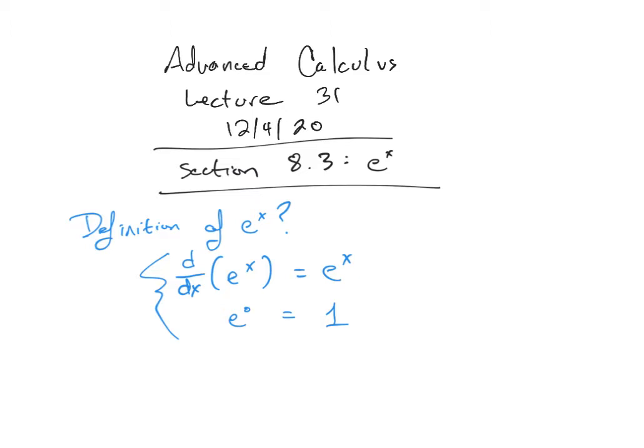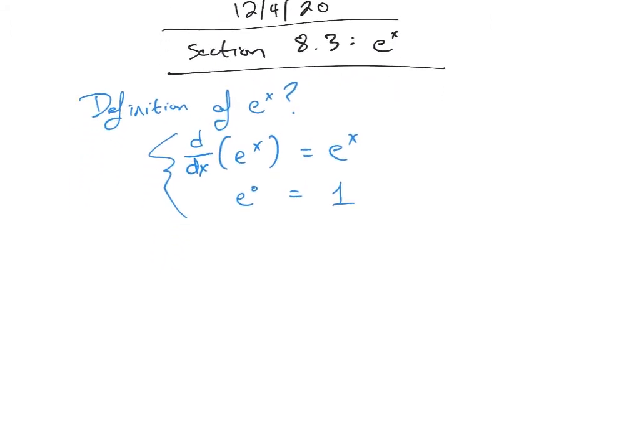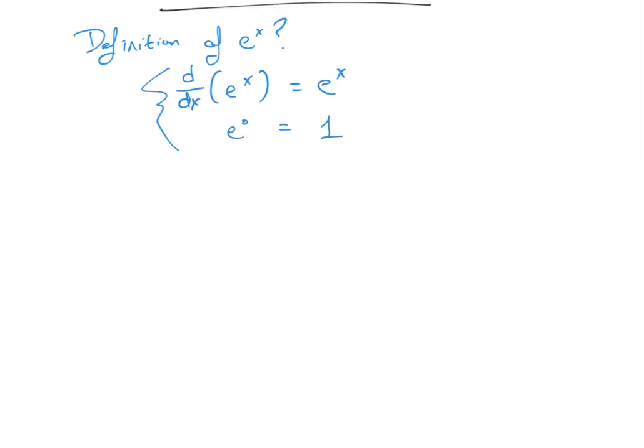So our first theorem is going to say there exists a function that does this. We're not going to call it e to the x because we don't want to presuppose that it is our function until we know that it is our function. So here's our theorem.